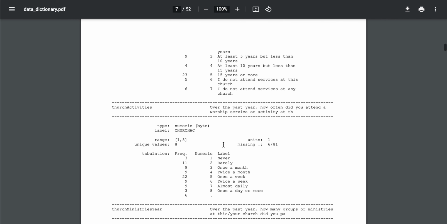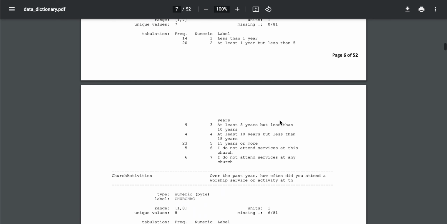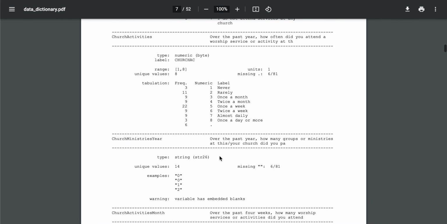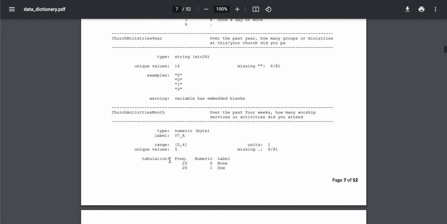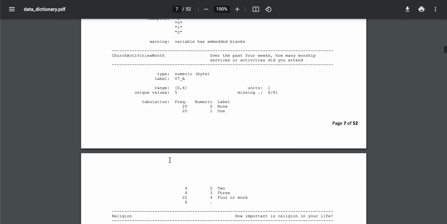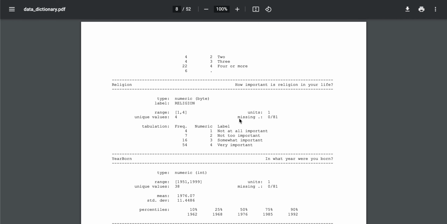And on the other hand, church itself is, although these two questions are different, they point in the same direction. Given that we have only 71 observations, I don't think we'll lose much. So I will not use this. I will not use church activities month. I won't use it because of all these missing values.